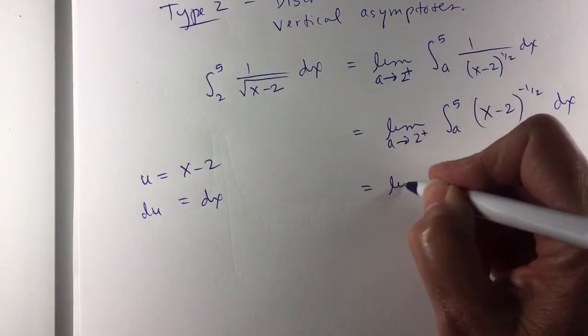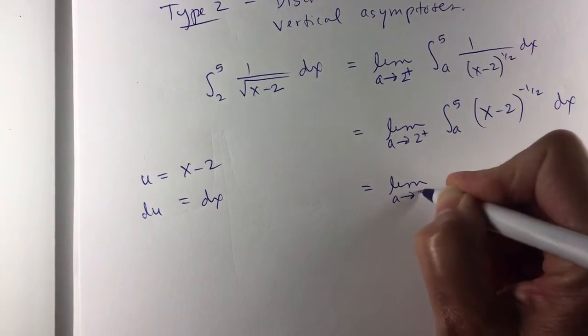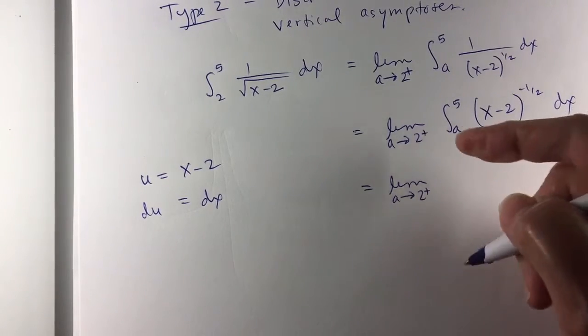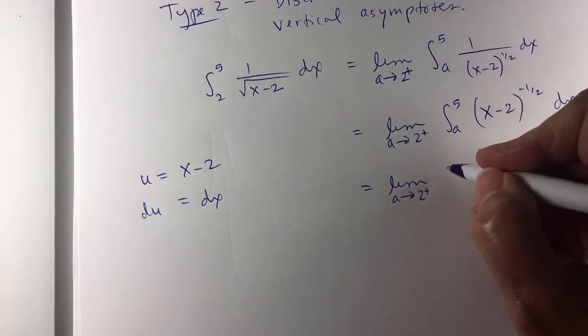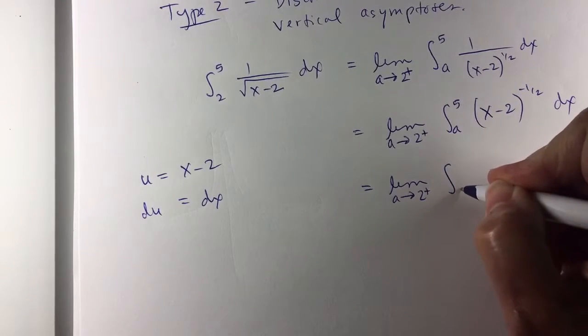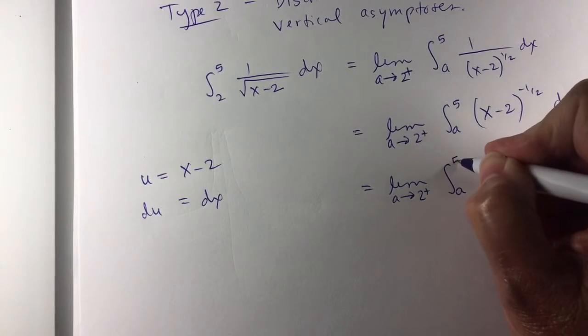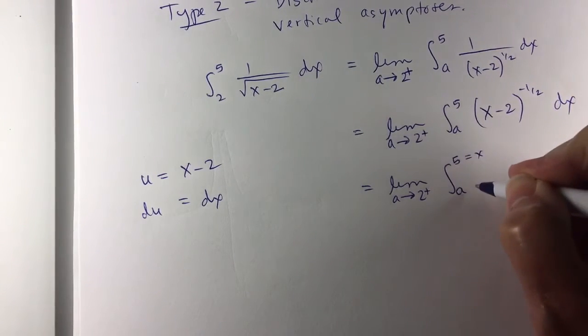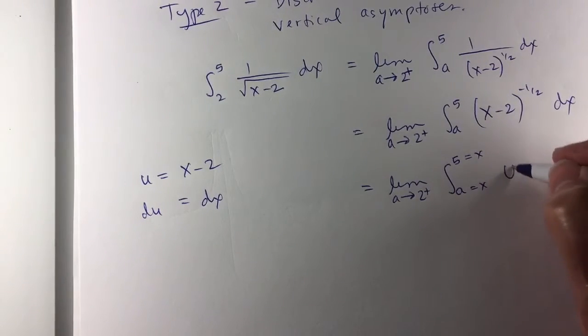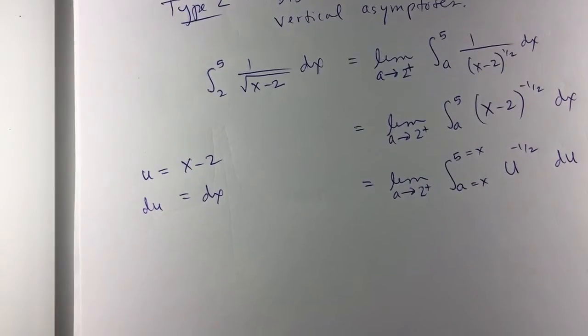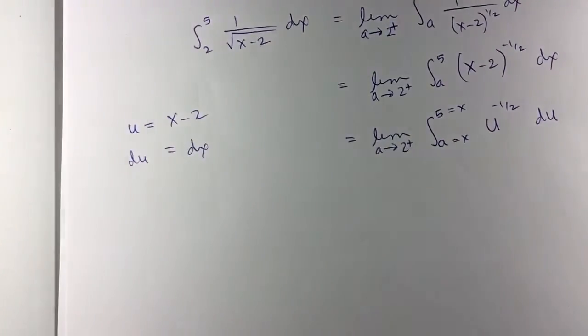And at this point, I could change the limits of integration to match u. I could leave them as they are, and then I have to remember those are values for x. My preference is to leave them as they are.